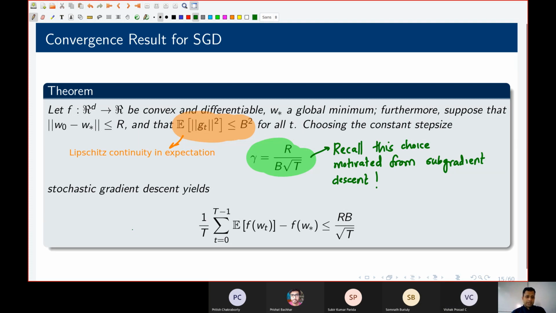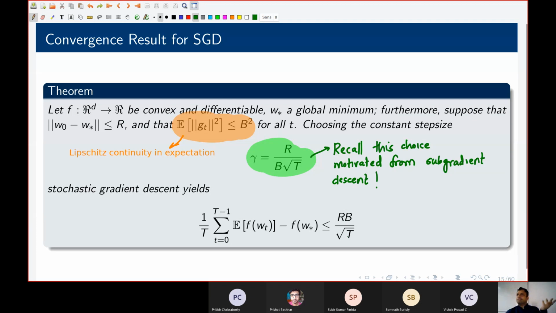Now what does it look like? It says that in expectation, the expectation of f of wt, because every wt was obtained using a point sampled uniformly at random and its corresponding gradient, so the expectation of that stochastic update based function minus the actual function value, summed over all, is now less than or equal to rb by square root t.